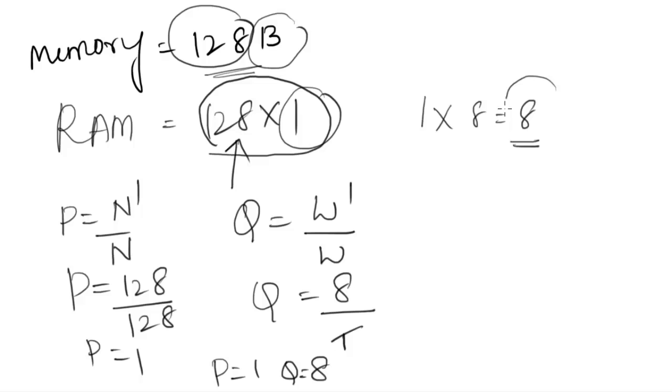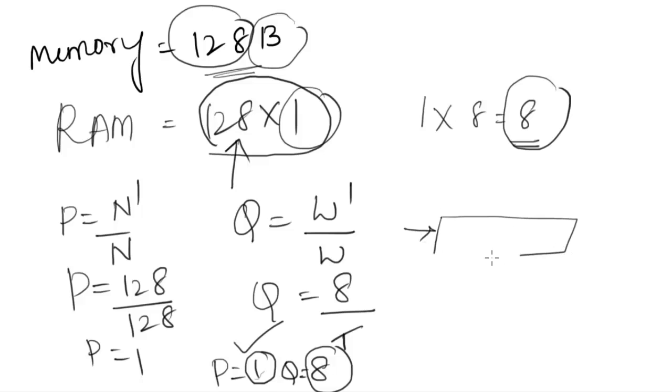How should these 8 chips be organized? Since we are having only one row, P value is 1 and Q value is 8. If I want to access any memory, the entire row will be activated at a time. Since there is only one row and 8 columns, all the 8 will be activated at a time.